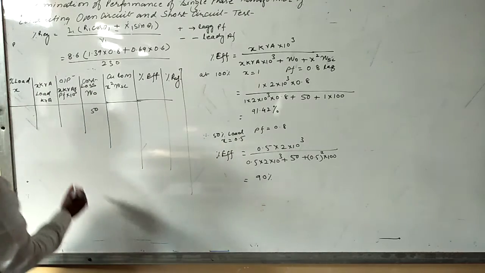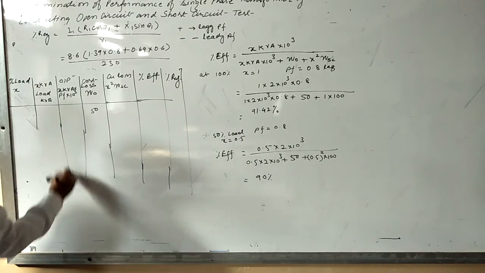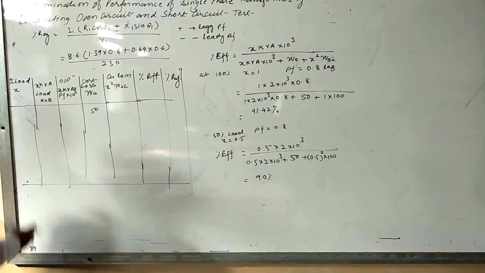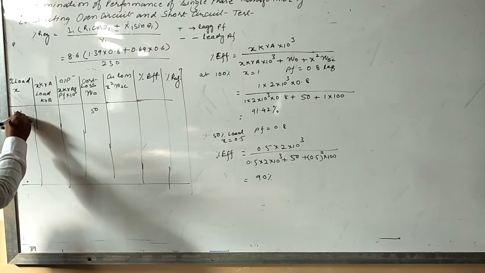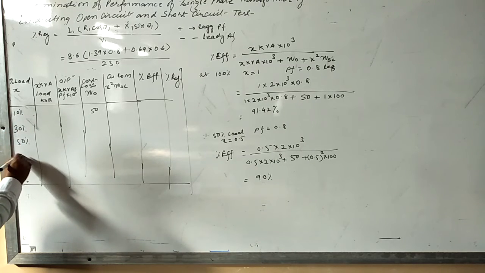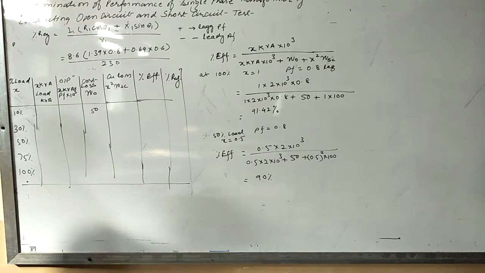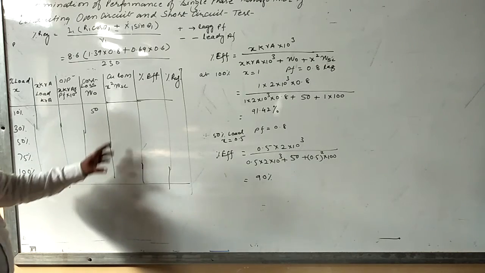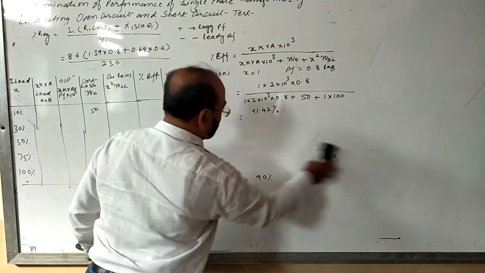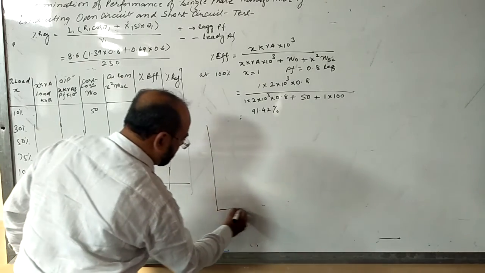So in this way, in a single table we are able to find the values at different load conditions, say 10%, 30%, 50%, 75% and 100%. In this way we are able to find the efficiency and regulation at the desired percentage of load by only a single test, that is, the open circuit test and short circuit test.